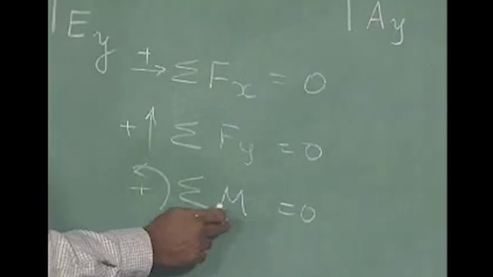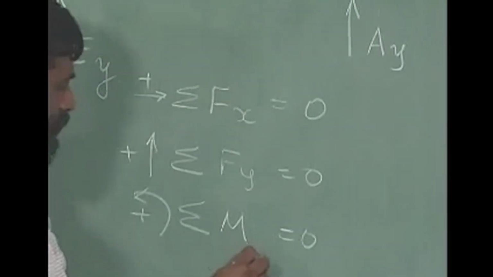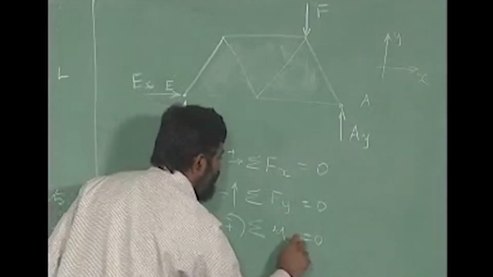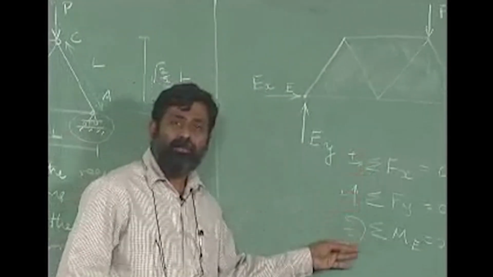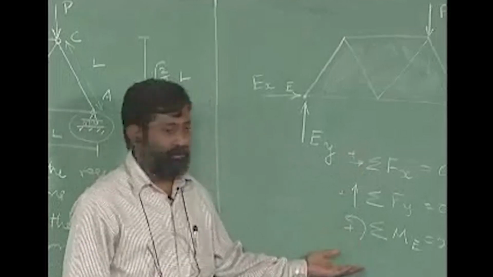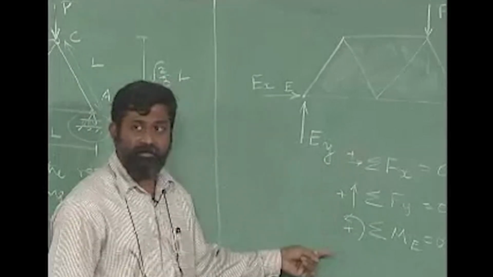This moment can be found out with respect to any of them. So let me just take it as moment about E for now. Okay, these are the three equations or equivalent equations that I need to use. I will get three sets of equations.